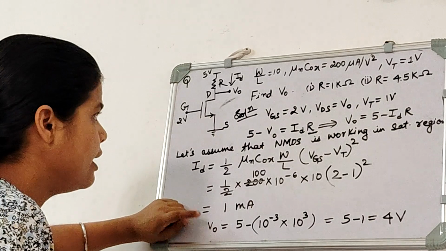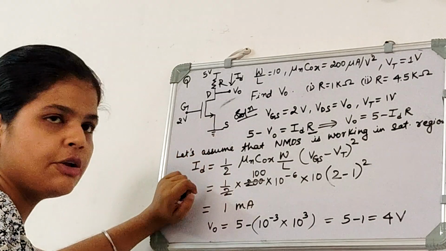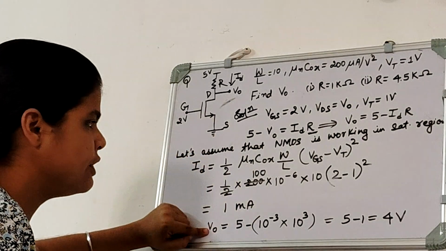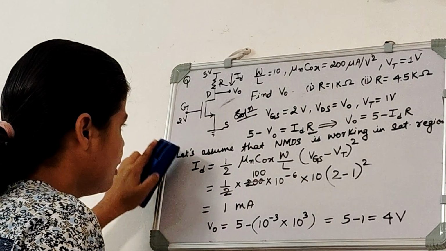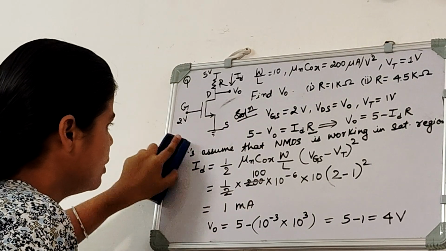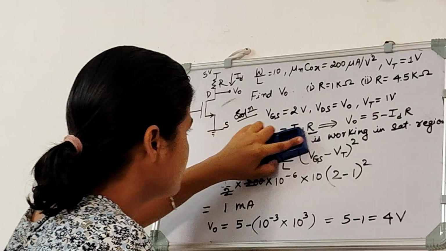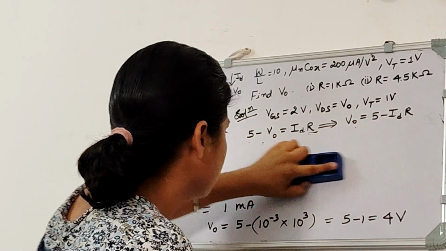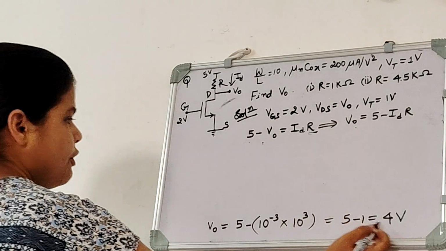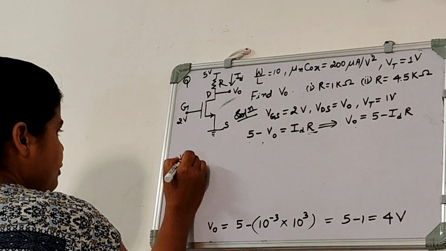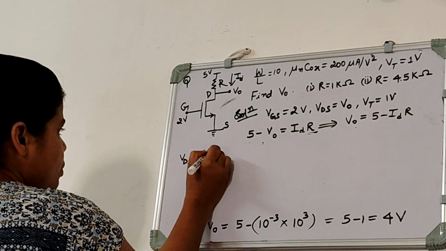Now we will verify whether our assumption was right or wrong. This V0 is VDS. So our V naught is 4 volt, that means our VDS is equal to 4 volt.